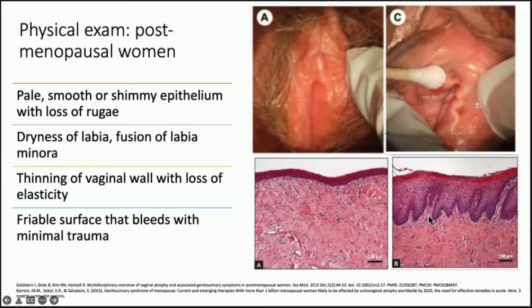And typically, this is what the epithelium will look like after treatment with topical estrogens. A good way to explain this to patients is to tell them that a healthy vaginal mucosa will be pink and spongy, kind of like the inside of the mouth, as opposed to dry and white, like we can see in these photos.